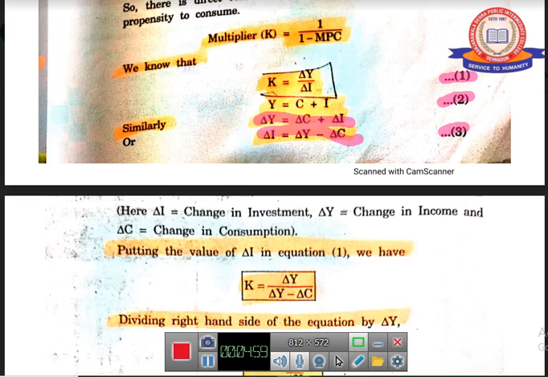Now putting the values of this, del investment is equal to del income minus del consumption. Put this value in equation 1, and we will get that K is equal to del income upon, so instead of del investment we will write del income minus del consumption as mentioned in equation 3, right?